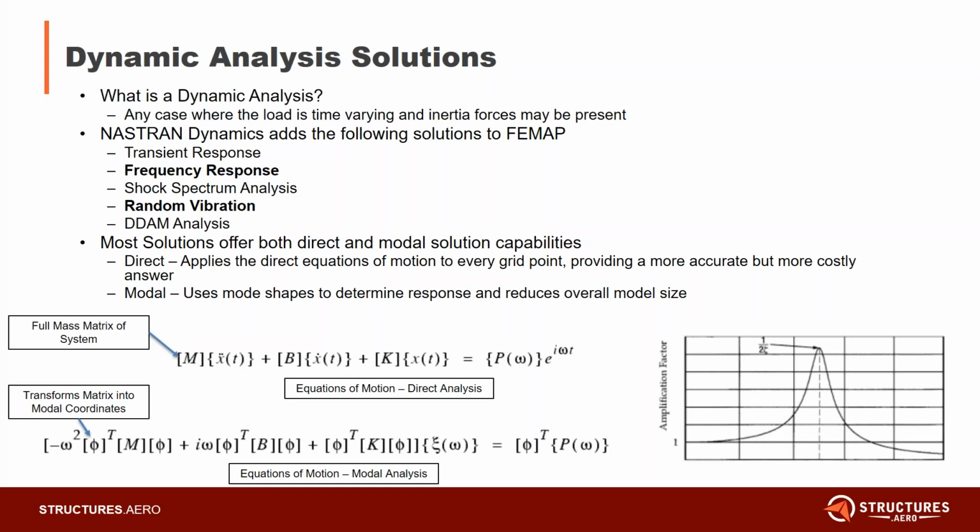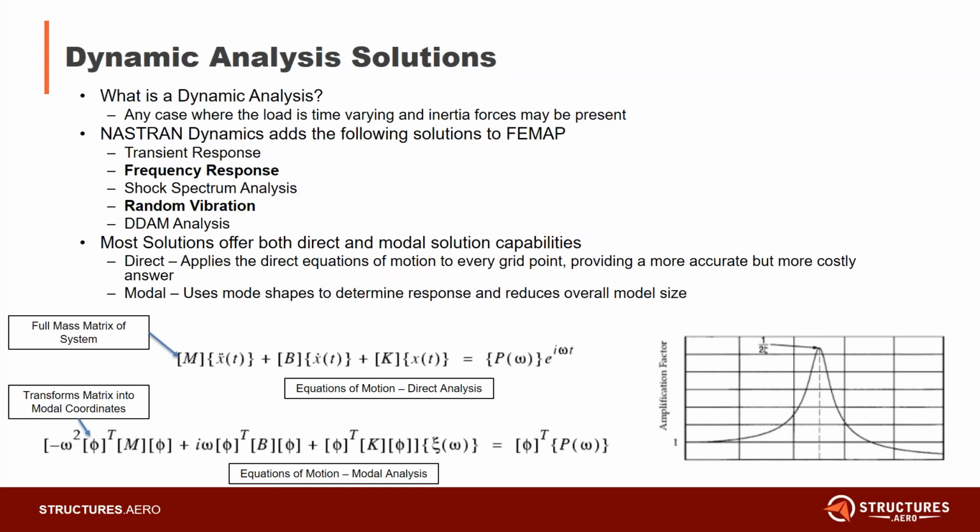Now, one thing to note is that most of the solutions use one of two methods for dynamic analysis. There's the direct method, which takes the full model and solves it directly through the equations of motion. Most of the time when you're running a dynamics model, you're going to result in lots of data, lots of output.